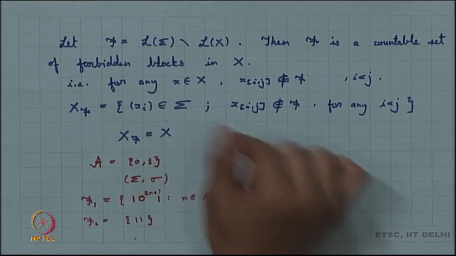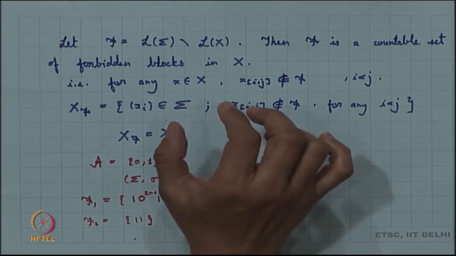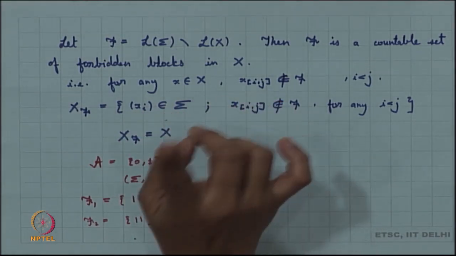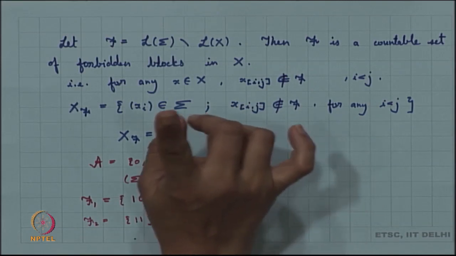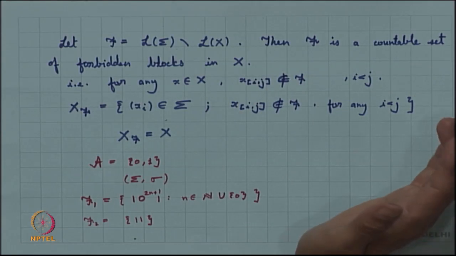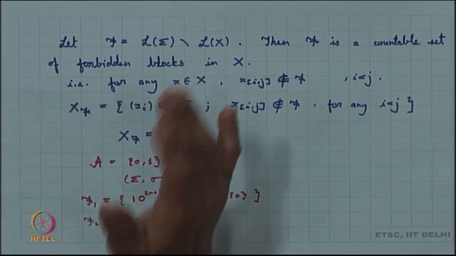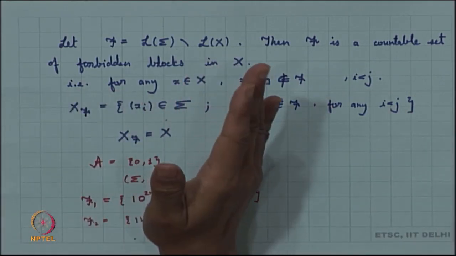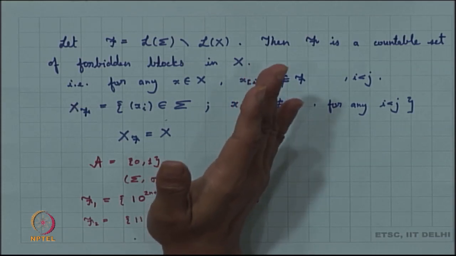That means my allowed blocks are only those words which have ones separated by an even number of zeros. So any number of ones can appear, any number of zeros can appear, but whenever there are two ones, they have to be separated by an even number of zeros.